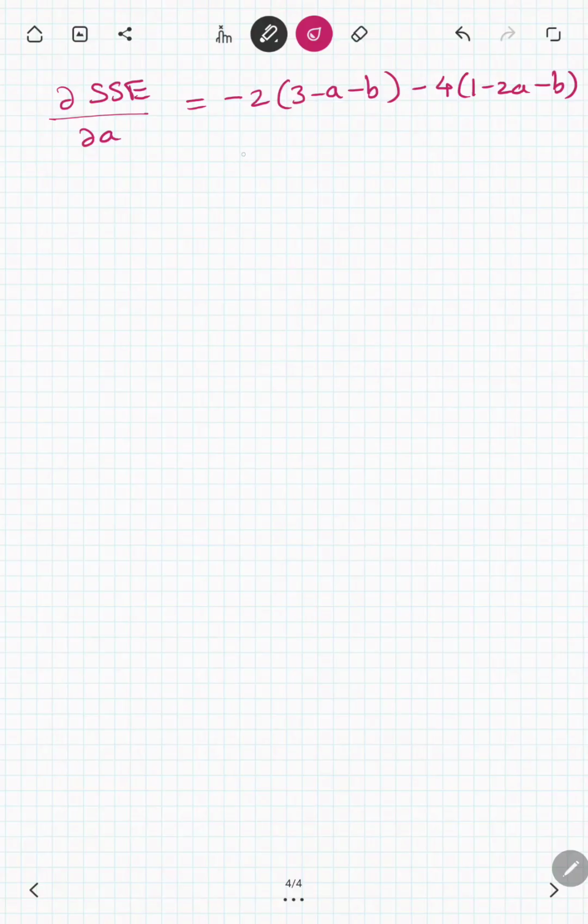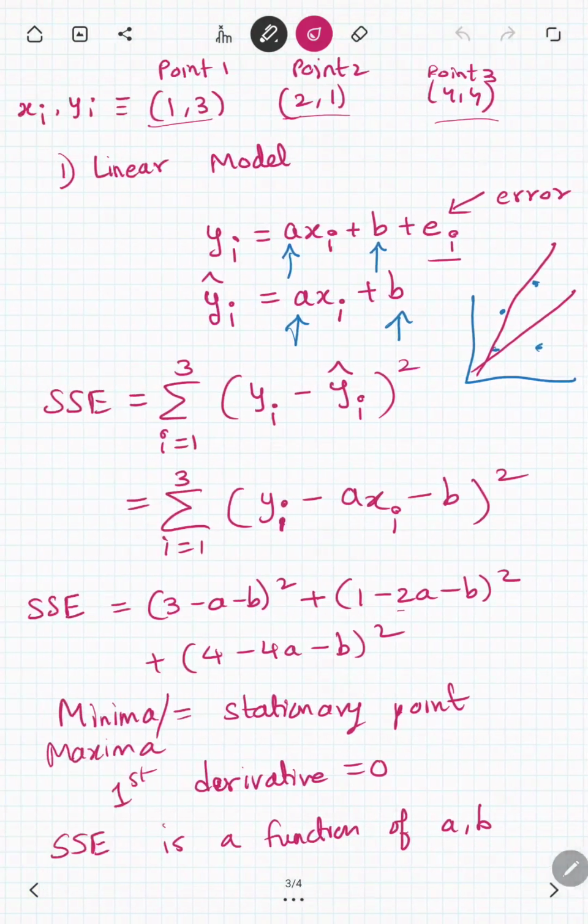Similarly, the third term is (4 − 4a − b) squared. It is the square of something, therefore this 2 will come out over here. And then −4 is the coefficient of a. When you're differentiating with respect to a, 4 is like a constant and b is also like a constant.